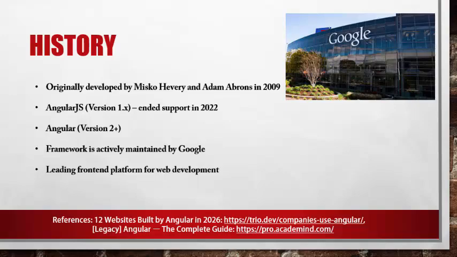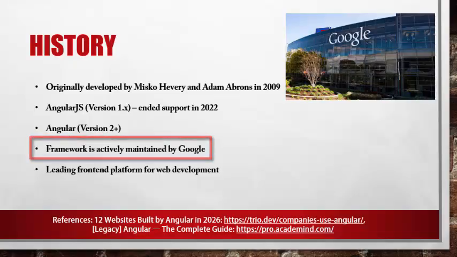really use AngularJS. All the later versions, 2 and upward, continue to be further developed. And it's actually very different from the first AngularJS. All the versions 2 and upward are just updates of the second version of Angular.